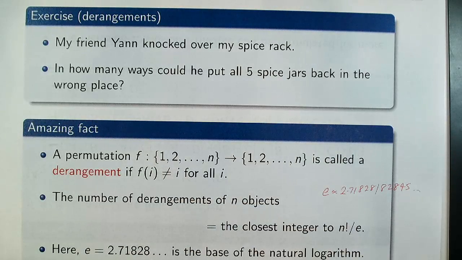It goes on forever. It's a really important natural constant, perhaps the next most well-known one after pi, 3.1415926, etc. And the number of derangements is the closest integer to that. That just sounds bizarre, but amazing, doesn't it? That you can see e in this.